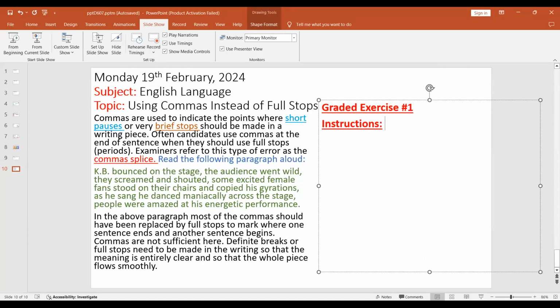So the instructions are the following. I need you to read the following passages. Decide where full stops should be inserted.